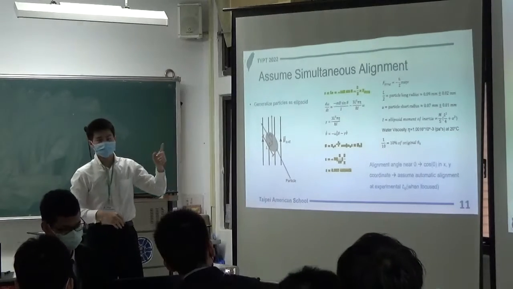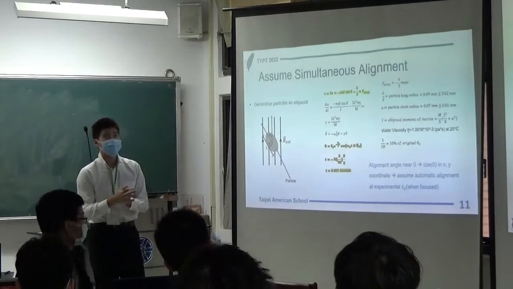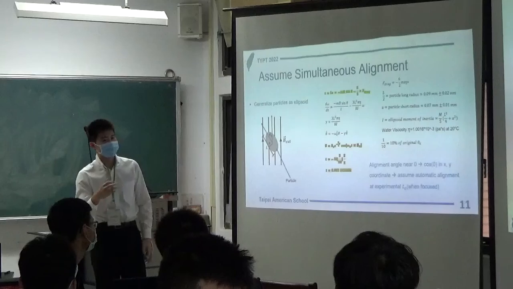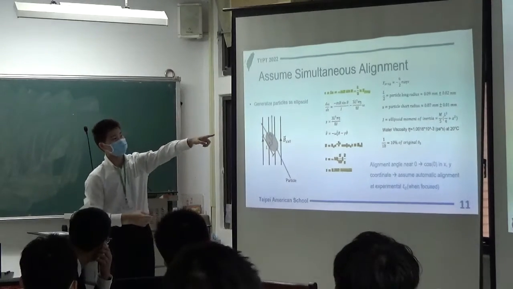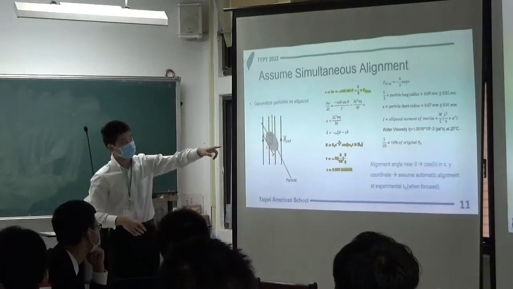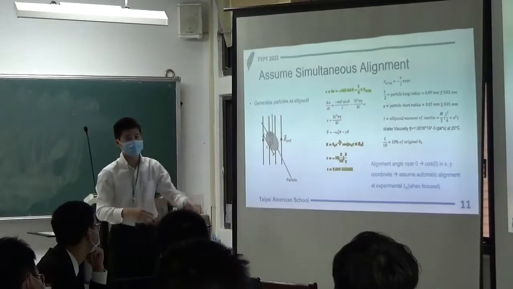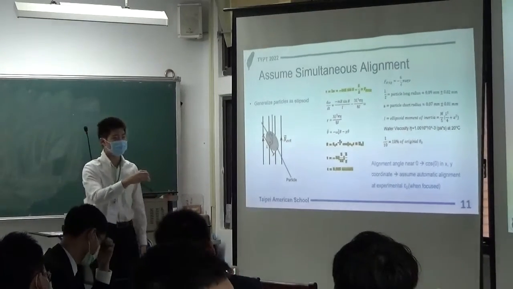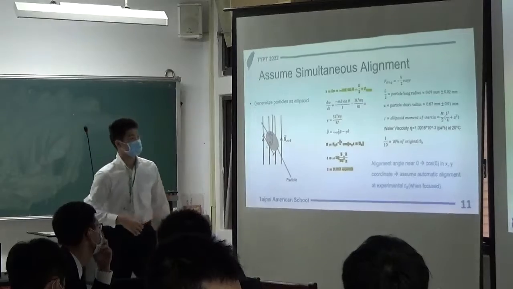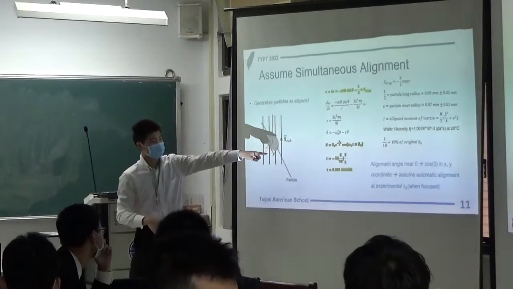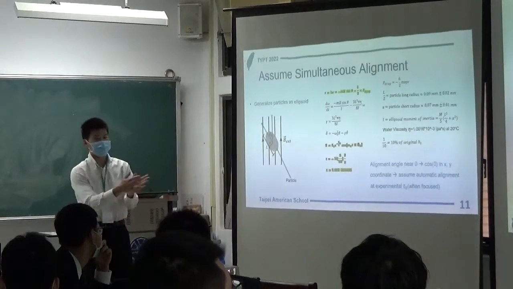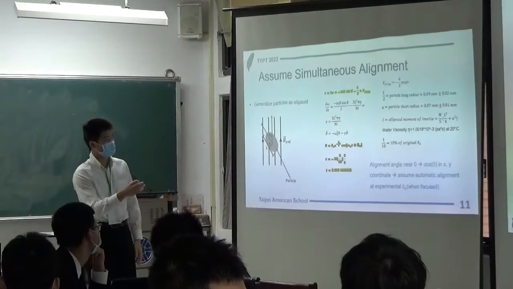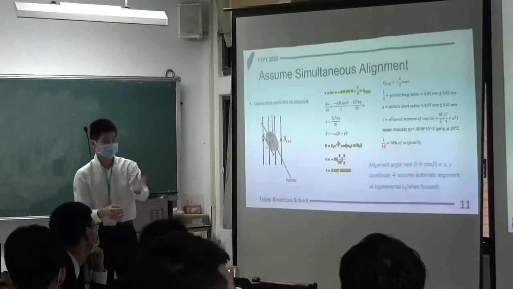That is the external B field's torque on the particle, and then L/2 crossed with F drag is the torque generated by the water drag. As you can see over here, theta slowly decreases and oscillates around the magnetic alignment direction.